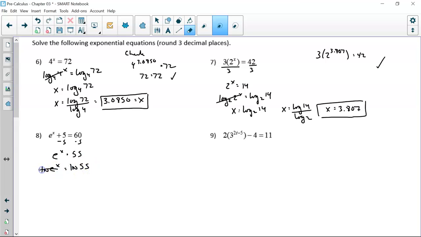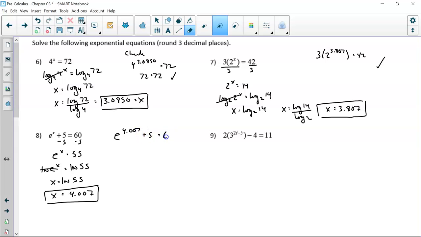The natural log of e cancels out, so we get x equals the natural log of 55. So x is about equal to 4.007. Once again, you can check e to the 4.007 plus 5, and you're going to get a number very close to 60. And there you have it.